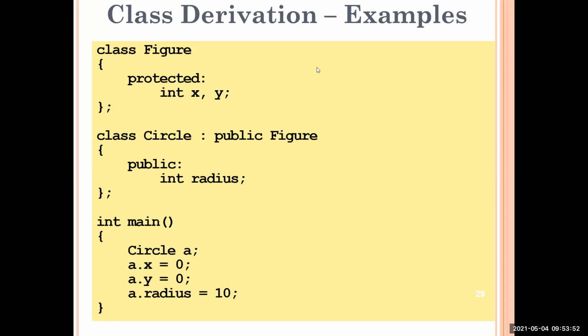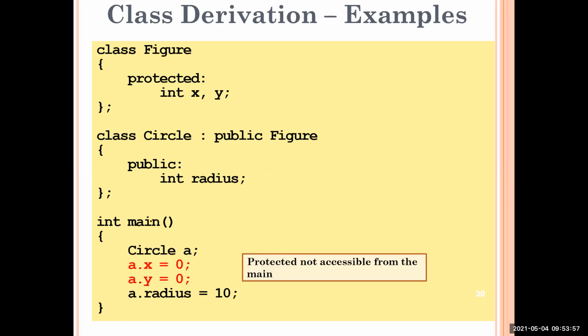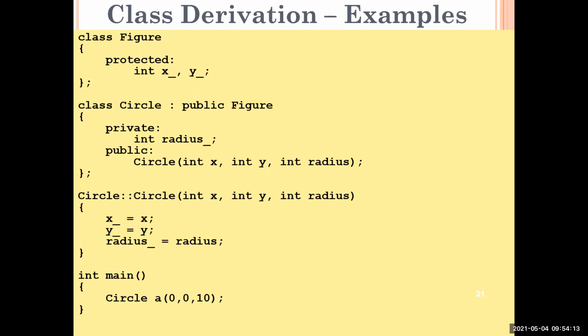I got a few responses in the message window. Yes, all of you are correct that the problem lies here. We cannot access X and Y because from the main with the dot operator, you cannot access protected. With the dot operator, you can only access public, nothing else. So this is where the problem lies. Very good. Now let's see this one. Let's think over it and then tell me.